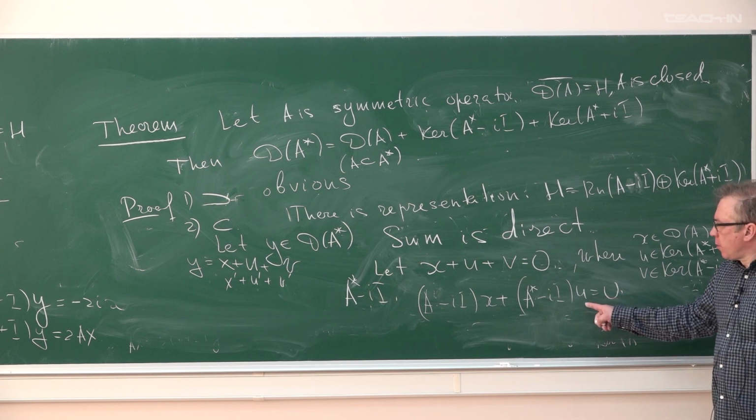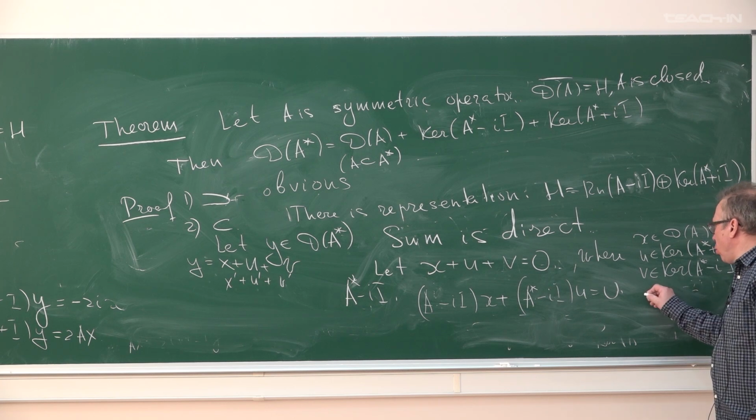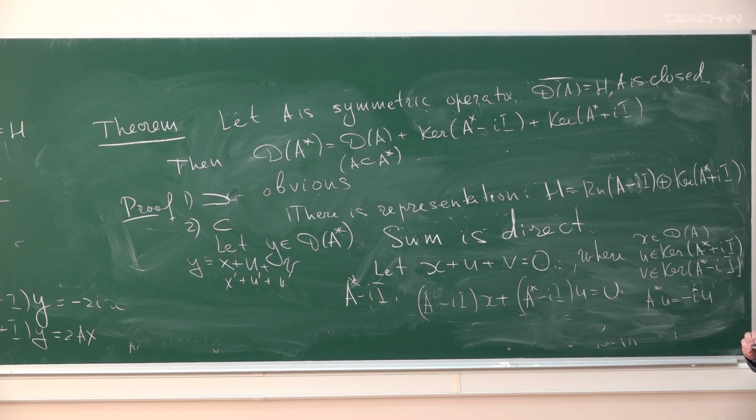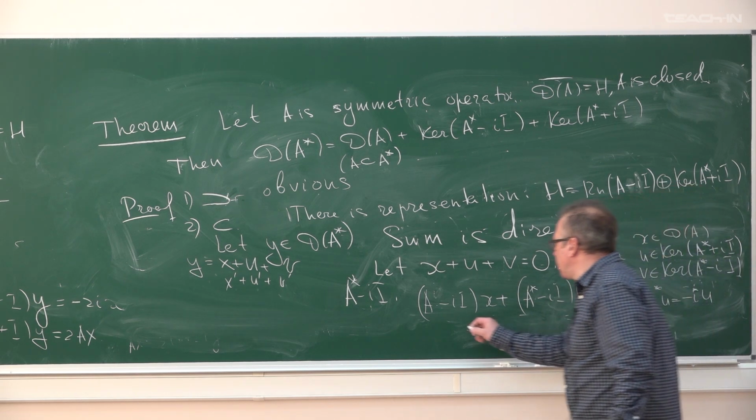But u is from the kernel of this operator, so for u we have A star u equals minus I u.